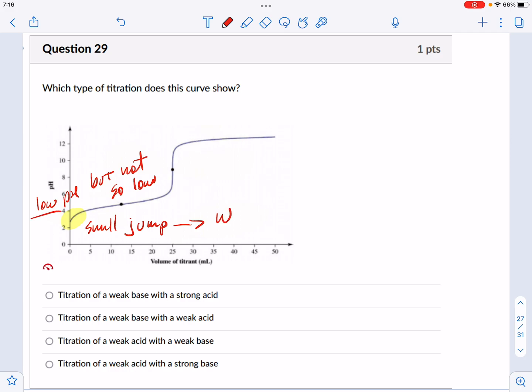The low pH is telling you that it's a distant acid, okay? And of course, if you're starting with an acid and here you are at high pH, typically what you use to titrate here is a strong base. Okay, so this is a weak acid strong base titration.